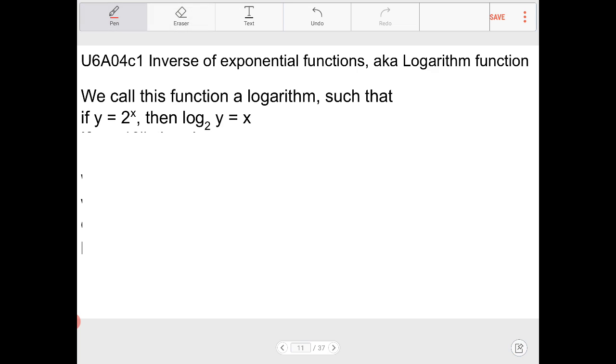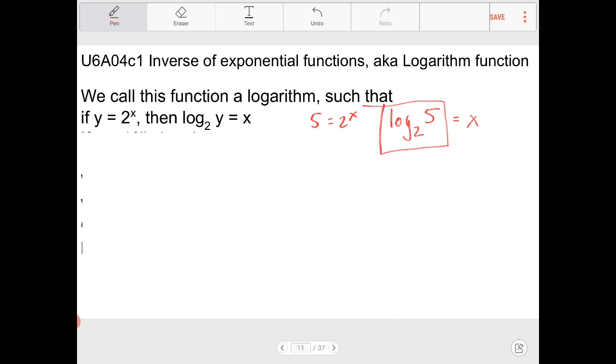So going back to our original problem of 5 is equal to 2 to the x, how do we solve for x? Well, that's simply log base 2 of 5. This is the answer that we've been looking for. I know this is not the best answer that you've been looking for, but that is the exact answer.